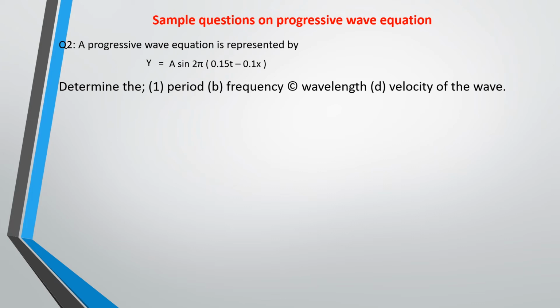Okay, so just as you did in the previous one, that is exactly what you're also going to do here. You are going to write down the progressive wave equation, which is y equals A sine, open bracket, 2 pi t all over T, minus 2 pi x all over lambda, close bracket.